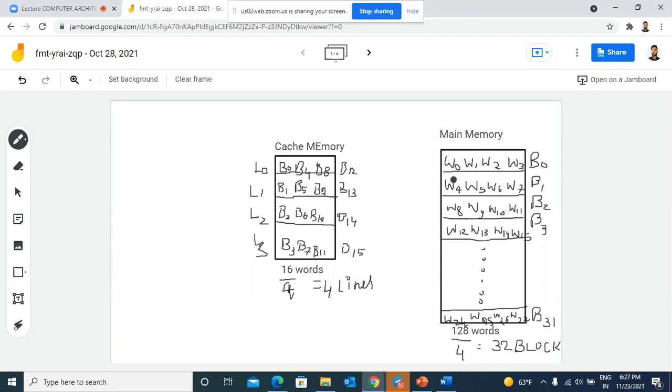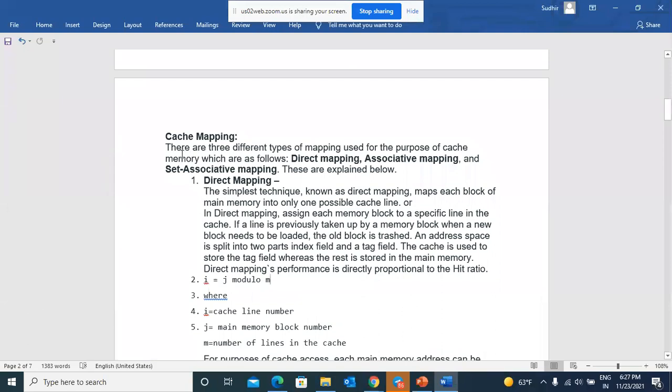Okay, so now coming to this particular theory, it is saying cache mapping. Cache mapping means how we fetch data from main memory, how cache memory loads the data, and how it maps it and reads it. And why are we doing it?